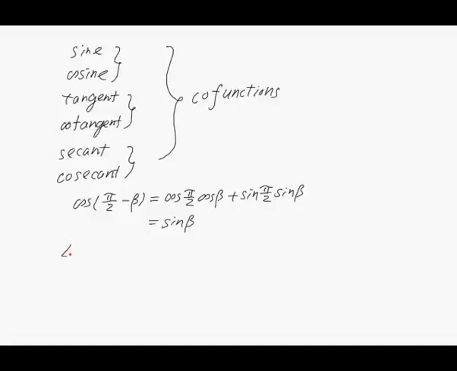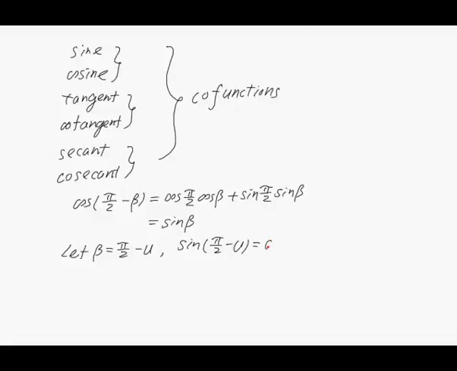Now let beta equal half pi minus another angle u. And let's see, we have sine beta equal to sine of half pi minus u, right? And then on the left side, we just replace beta by half pi minus u.